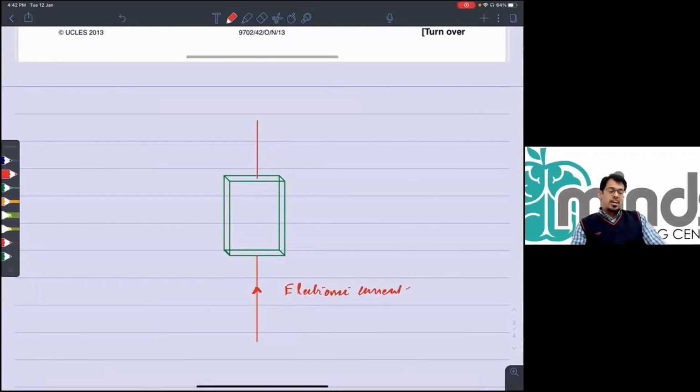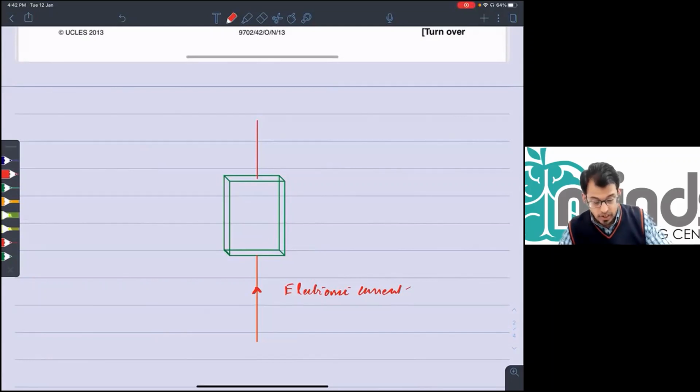The direction of current that I have shown is of electronic current because I will be doing all the working in the context of electrons. But it is not necessary. You can apply the same working on conventional current as well. Your result will stay the same. What the difference will be, we will discuss in the end. But if I consider electrons only, things will be a bit easier for you. So I'm considering electronic current. That electronic current will move from bottom to top.